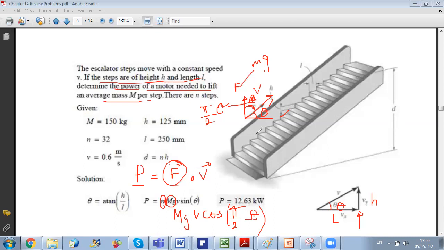V is along this line, and the slope gives tangent of theta is h over L. So theta is tangent inverse of h over L, and you can replace theta into the equation of power. The power to lift one step is mg times v sine theta, and for n steps you multiply by the number of steps, n.